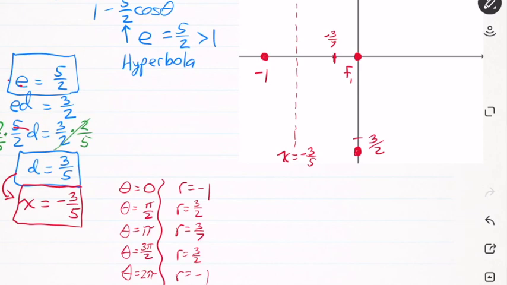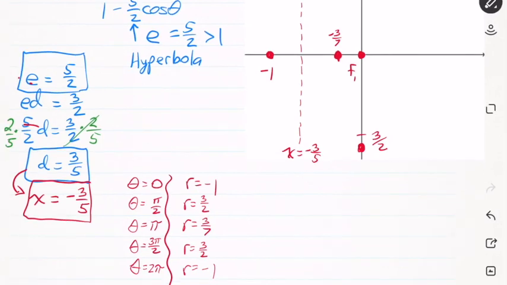This point is of interest. That is a vertice of my hyperbola. And it has a specific distance away from my foci, which is kind of nice also. So my other foci must be 3/7 away from negative 1. So I need to move the correct direction.